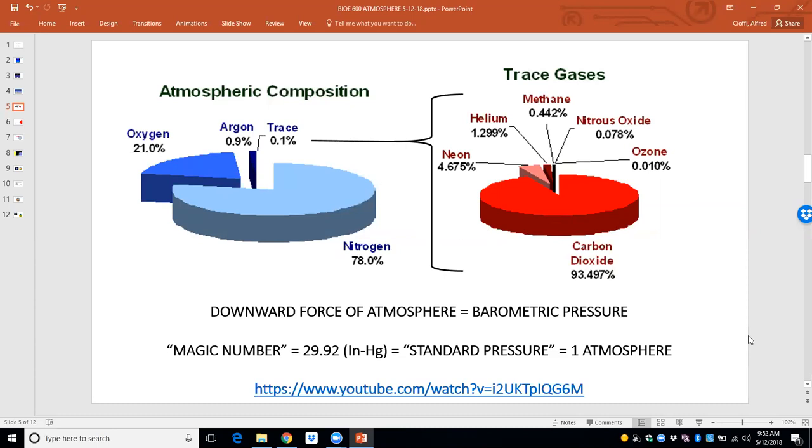And I'm just setting up a counter argument here: a slight increase in CO2 in the atmosphere would not necessarily damage us by breathing, us meaning animals, because there's still a very significant amount of oxygen in the atmosphere, but would actually benefit what? Plants. Plants would benefit from an increase in CO2.